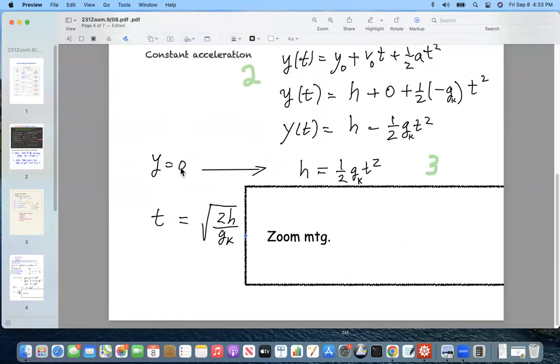And now step four is to calculate the number. Plug in the numbers and determine t, because that's what the homework system will want you to type into the box.